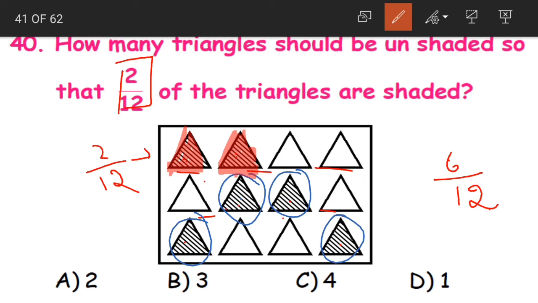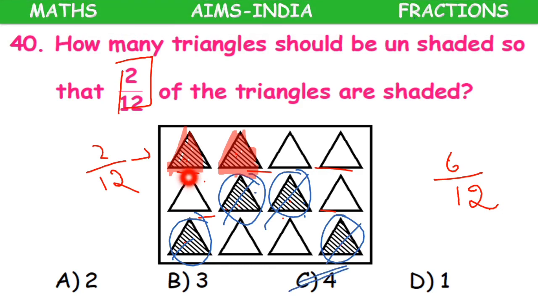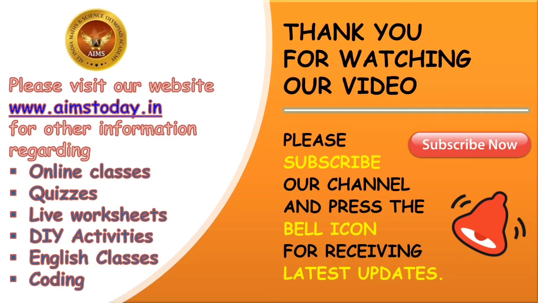So we have to unshade, that means we have to erase the color that we have done. How many triangles should we unshade? 1, 2, 3, 4. Option C, 4 becomes our correct answer. Understood, children? We want only 2, but here we have 6. So these extra 4 should be unshaded.